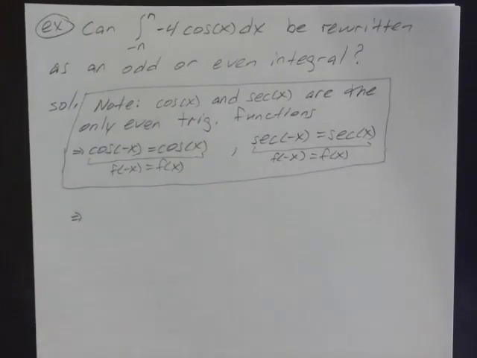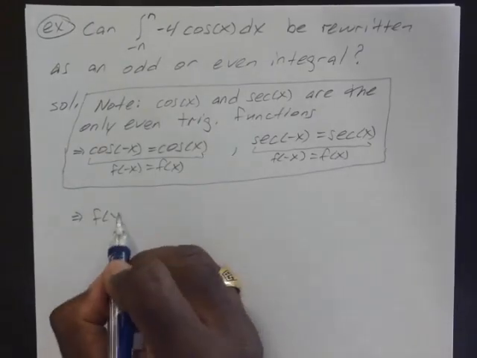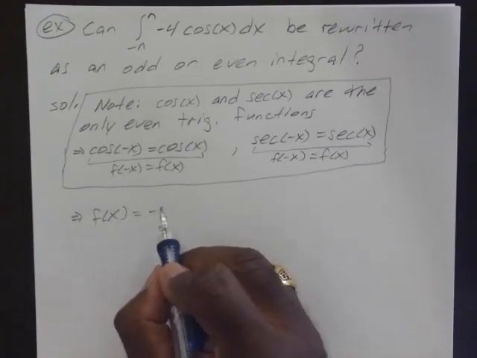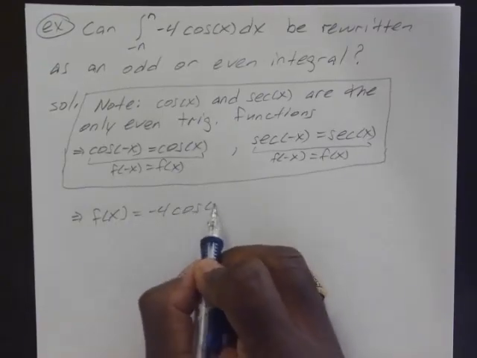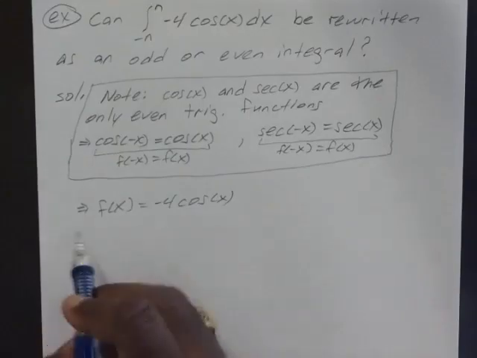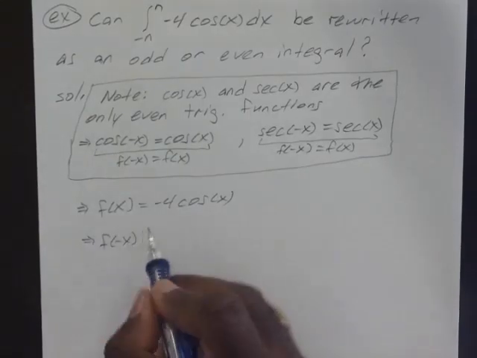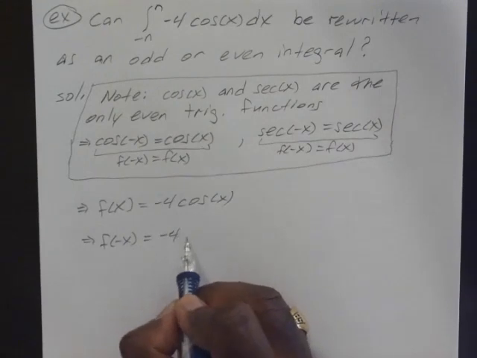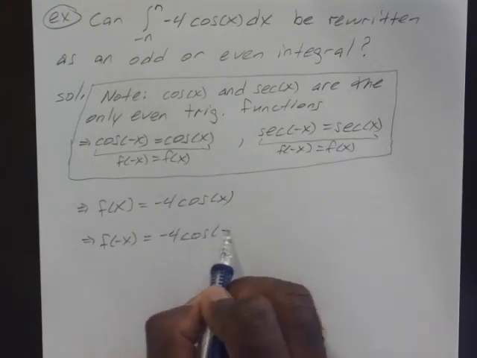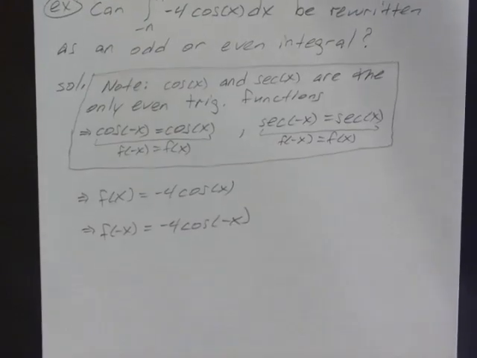Okay, so to kind of break it down, we know that our f of x is equal to negative 4 times cosine of x. And we know that f of negative x would just be negative 4 times cosine of negative x.